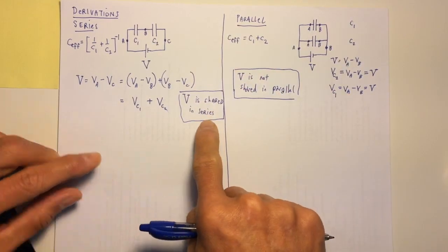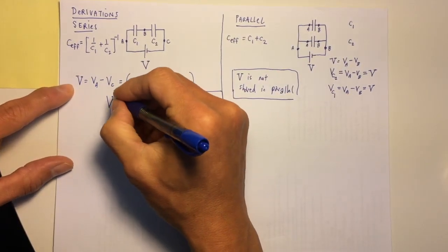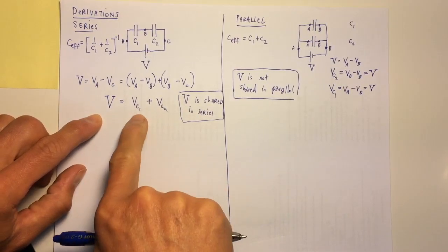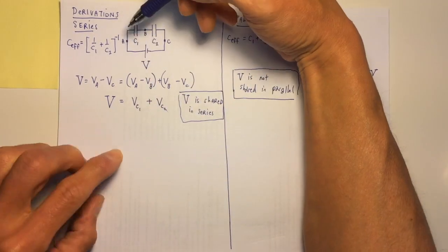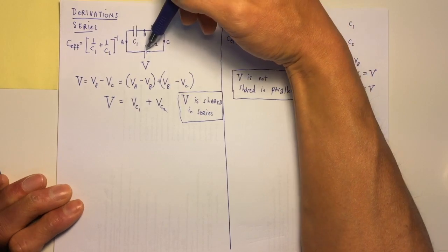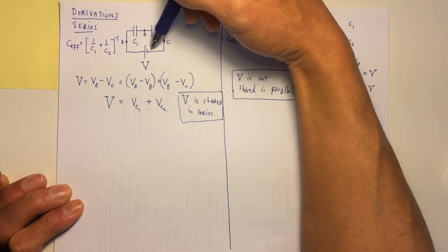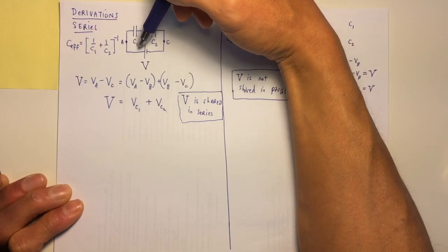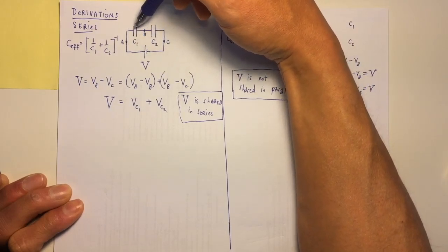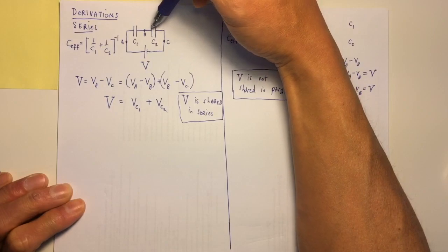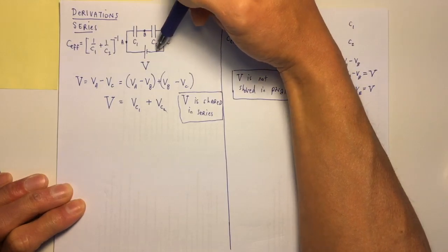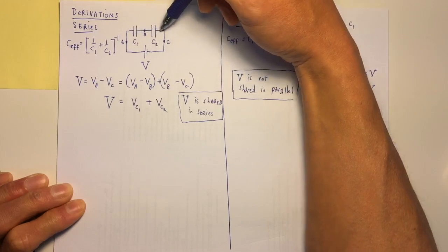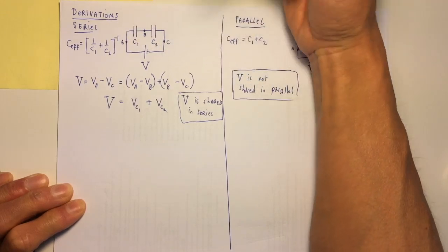The sense in which it's shared is that the battery voltage is the sum of the voltages across C1 and C2. The language goes, the battery provides a rise in potential as you go from negative to positive, and then you drop in potential here, and then you drop the rest of the way so that you can rise up again. So you rise, drop, drop, rise, drop, drop.